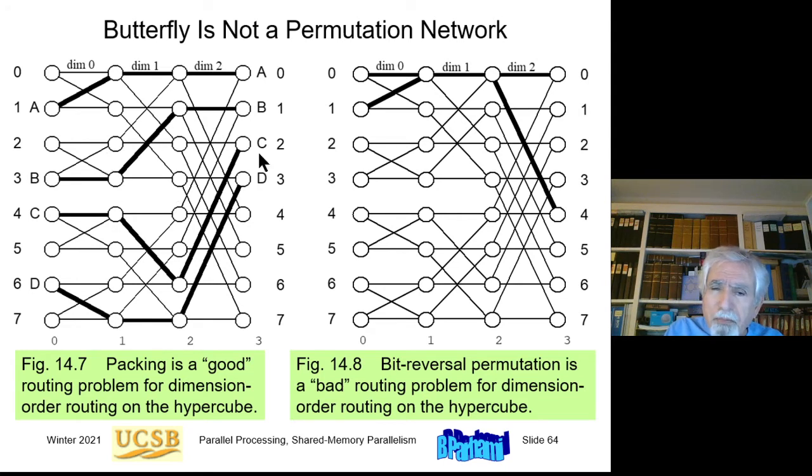On the other hand, if processor 0 wants to access memory bank 4, processor 1 wants to access memory bank 0, these 2 paths will share this link and will share these 2 switches, and therefore they cannot both go through simultaneously. There's a conflict, and the worst case conflict can be pretty bad in a butterfly network.